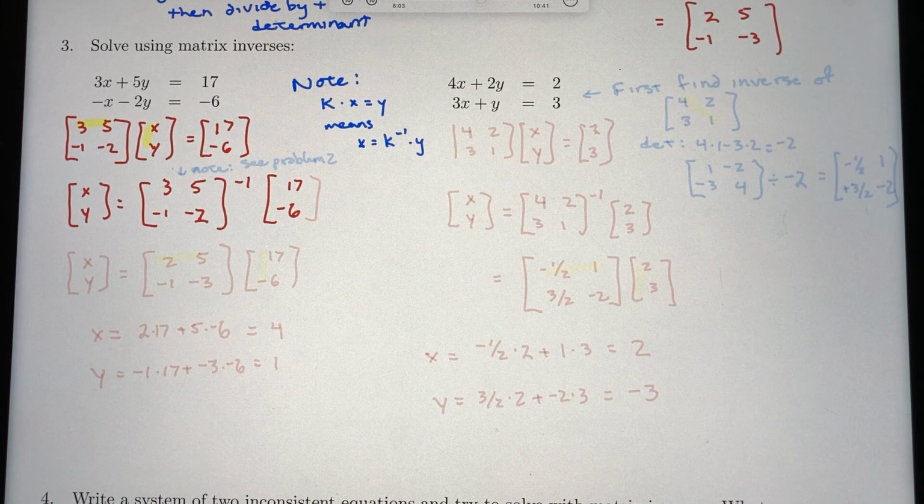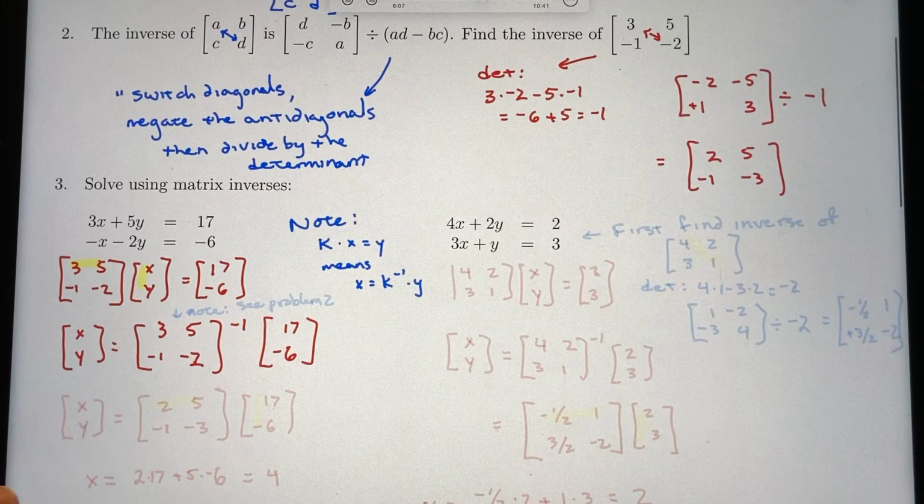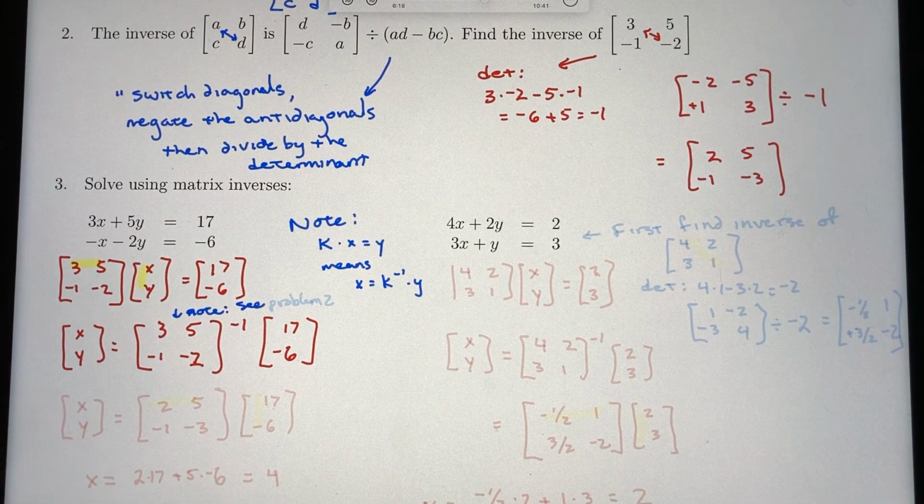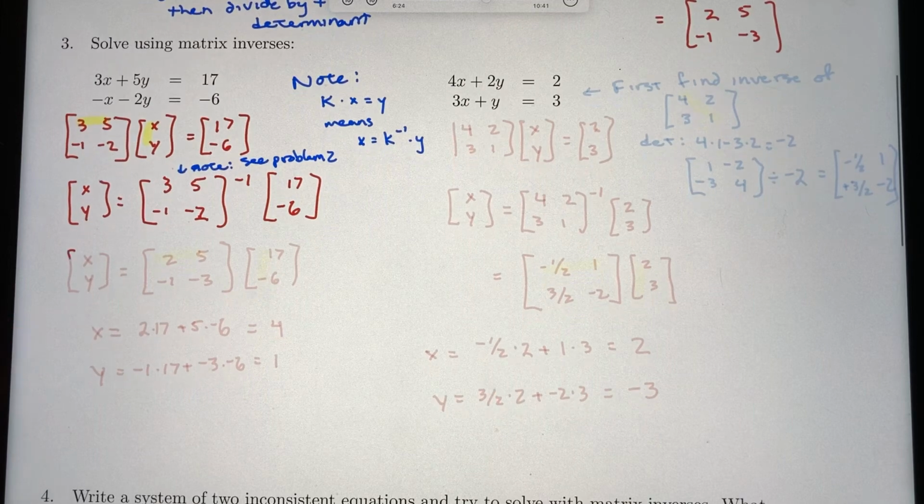17, -6. And notice I already found the inverse because that is the matrix from problem 2, and we just found its inverse. It came out to 2, 5, -1, -3.